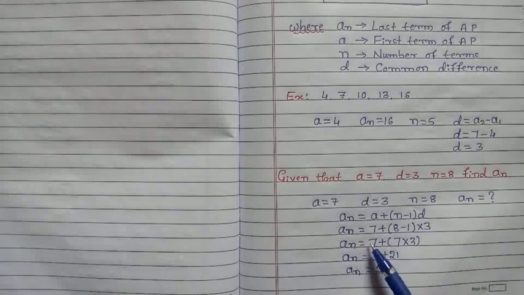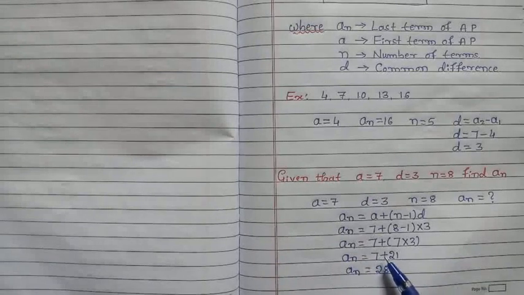So an = 7 + 7 × 3. Here we multiply these two numbers: 7 × 3 is 21. Then an = 7 + 21 = 28.